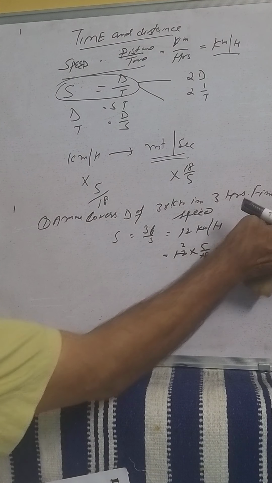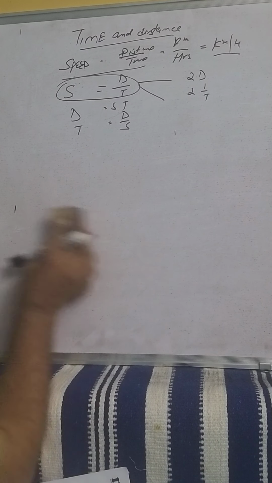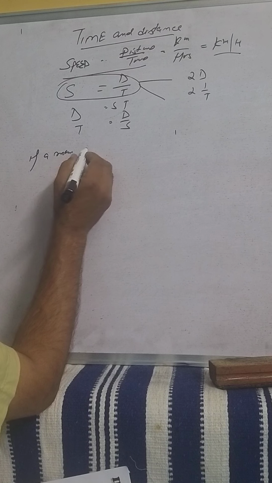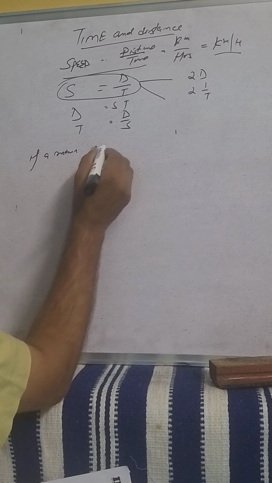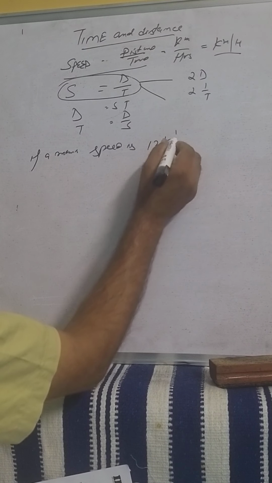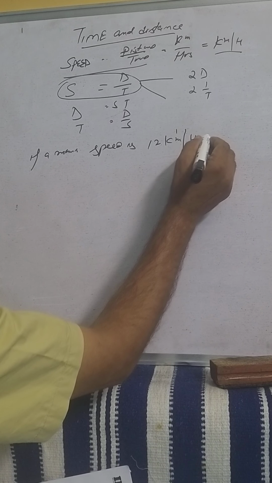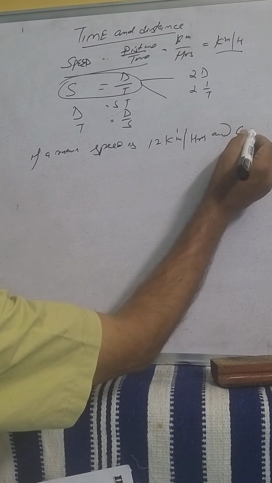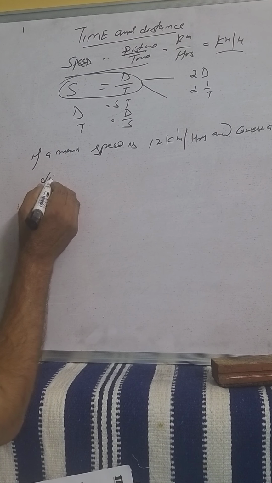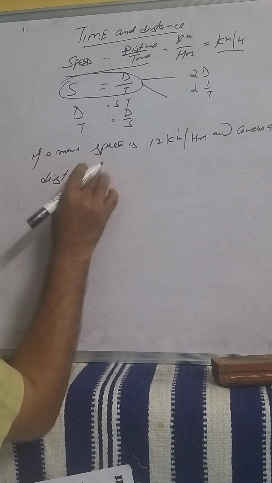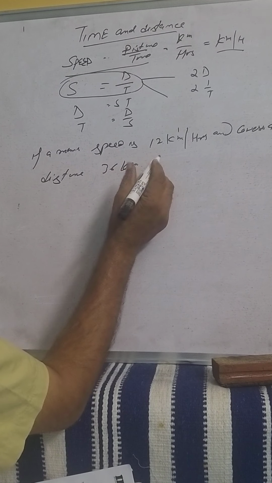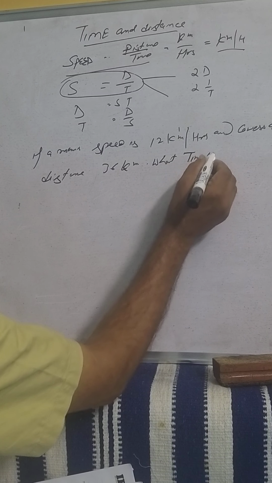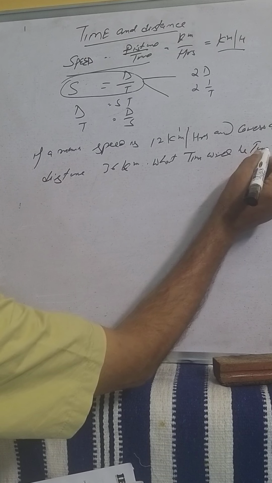And here we take another example. If a man's speed is 12 kilometer per hour, and he covers a distance of 36 kilometers, how much time will he take?